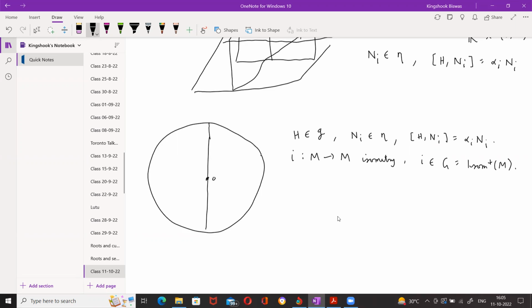So what I can do is conjugate one-parameter subgroups by the involution, right? So I have this conjugation map.